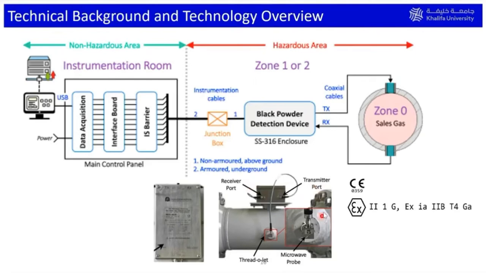While doing this experiment, the certifying agencies told us that you have to keep all the electronics 50 meters away from this box. So we have all the electronics and instrumentation 50 meters away from this. The hazardous zone depends on the industry.